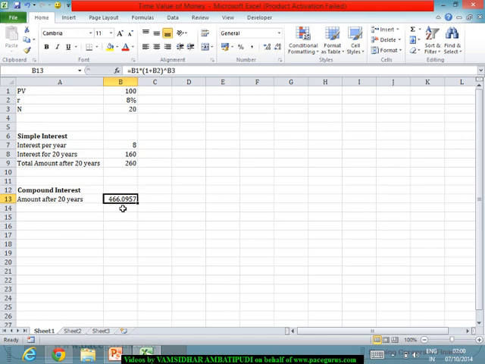So as the time period keeps increasing, the amount that is getting generated through the compound interest increases quite drastically compared to the amount that is generated through the simple interest. But in this context, there are a few things that we need to understand. Whatever the time period, we have used r, we have used the number of periods n.